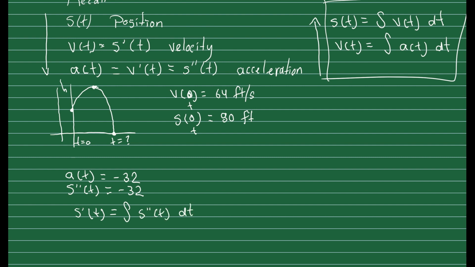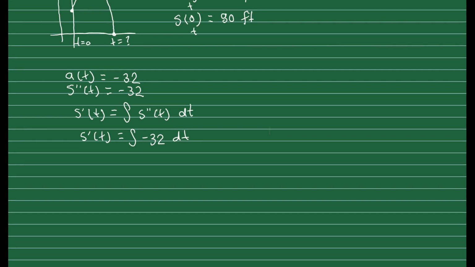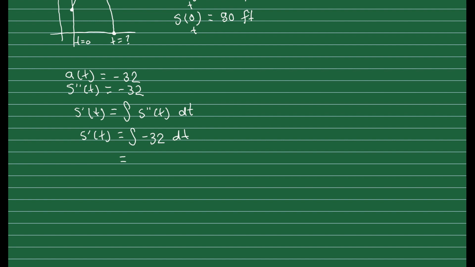So if we do that, what is the integral of S double prime of t? Well, S double prime of t is negative 32 dt. So this is equal to, remember, the variable is t, negative 32t plus our constant of integration. That's what S prime of t is equal to.